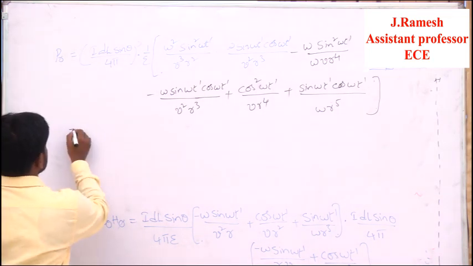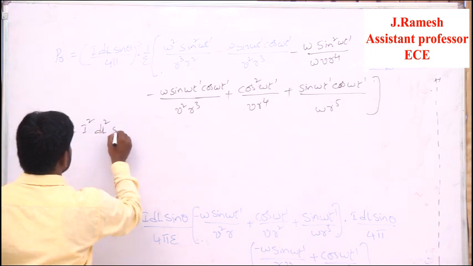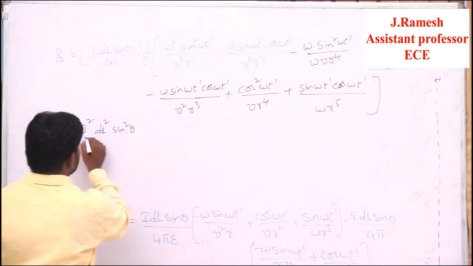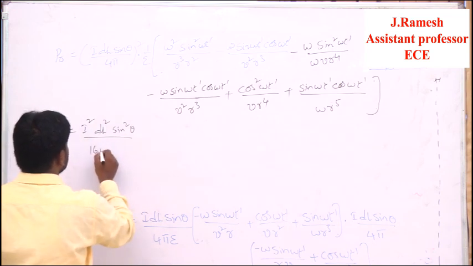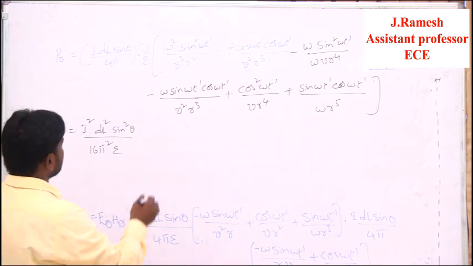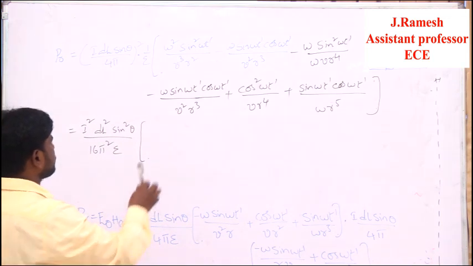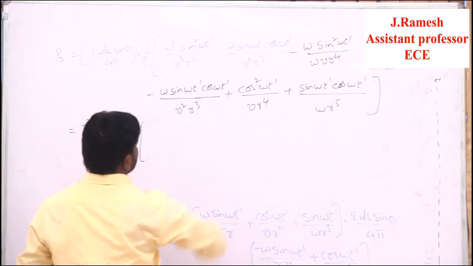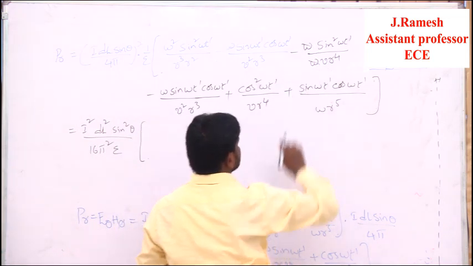For simplification I can write this as I square dl square sin square theta by 4 square, I am directly writing 16 into pi square into epsilon. If you observe the inside terms, sine square of omega t dash, here also omega, and omega is going to be cancelled.